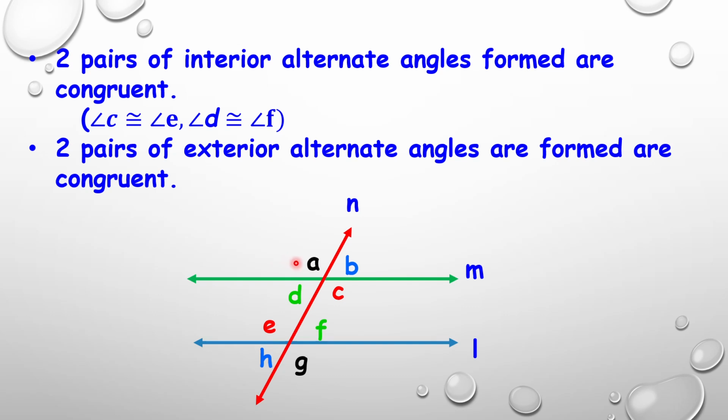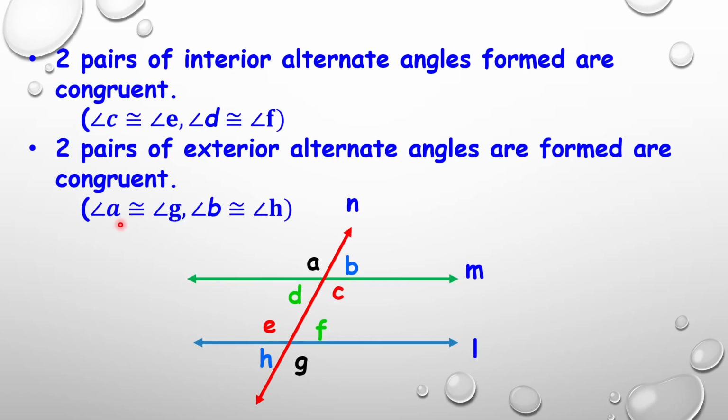Angle A and angle G are one pair of exterior alternate angles. And the next pair is angle B and angle H. This is the second pair of alternate angles. So the two pairs of exterior alternate angles are: angle A congruent to angle G and angle B congruent to angle H.